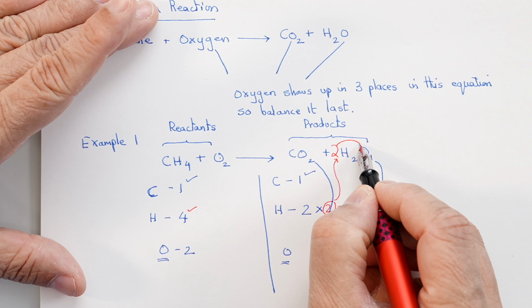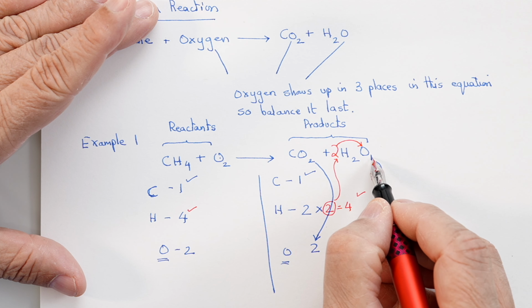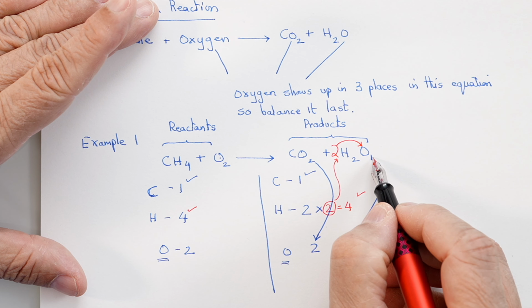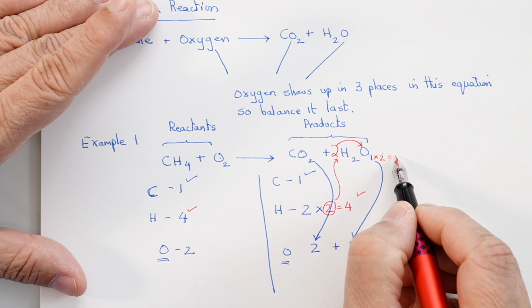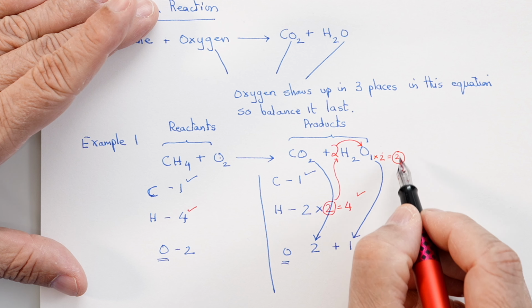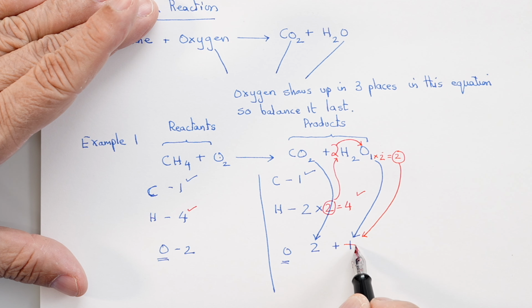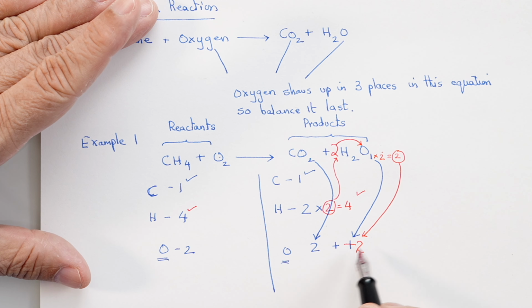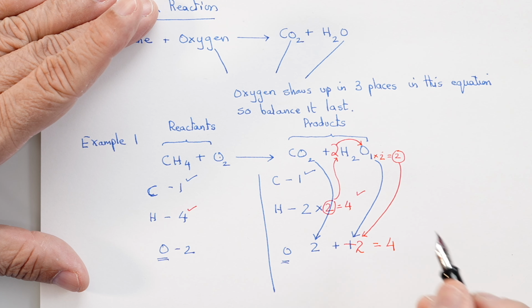But this 2 also applies to this oxygen. So now all of a sudden, if you multiply 1 by 2, this gets multiplied by 2, and then this is equal to 2. And this needs to come down here. So we're going to cut this out and make it a 2. When we do that, you can add these together, and now you have, instead of 3, you have 4.